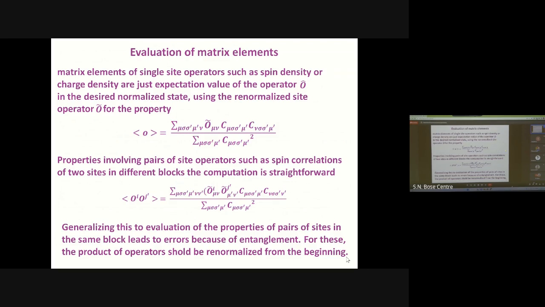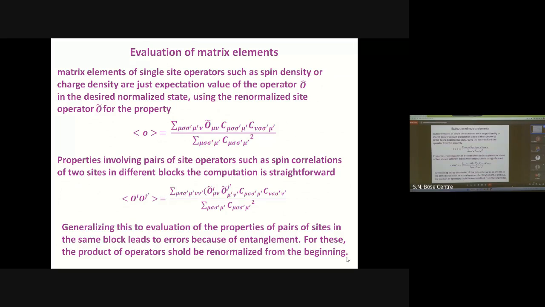Okay. And if I want to calculate the correlation function of a site on the left block and a site on the right block, I can just extend it, multiply the two matrices here, and get the correlation function also. But the problem is when two sites are in the same block, because then they are entangled. We have not removed the entanglement.